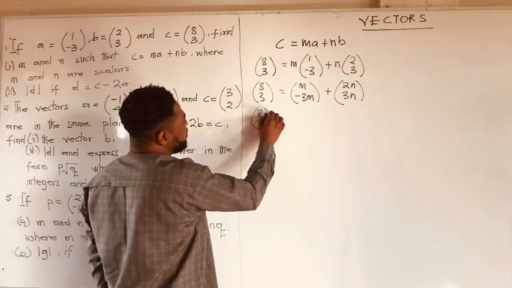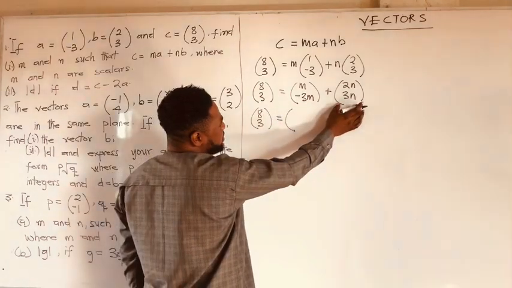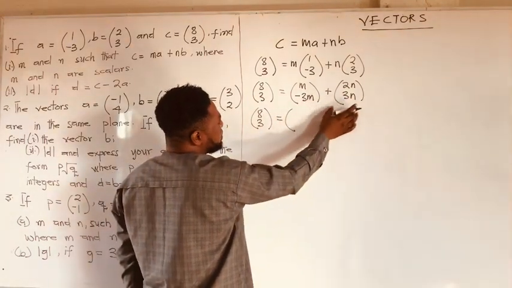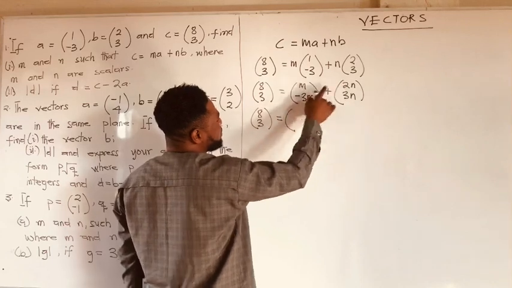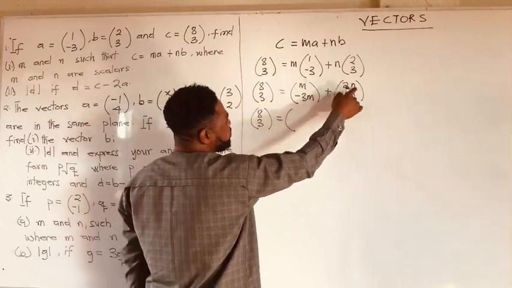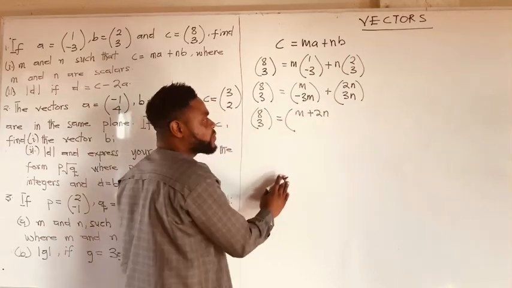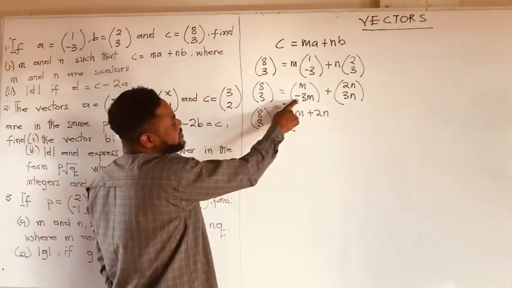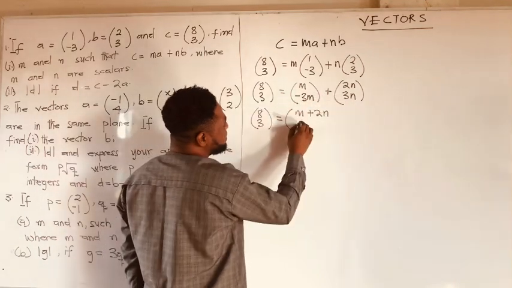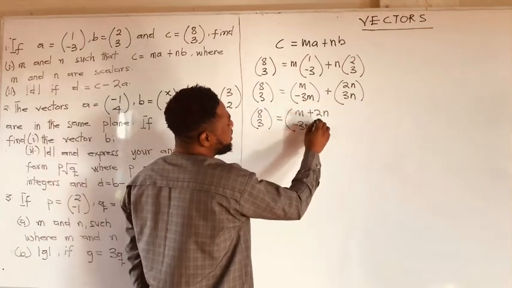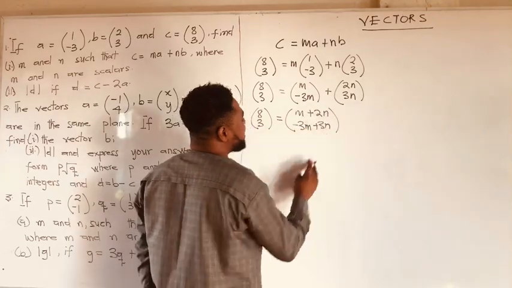At this level, what are we going to do? We are going to add the two vectors, using the corresponding elements. So we have M plus 2N, and also minus 3M plus 3N.